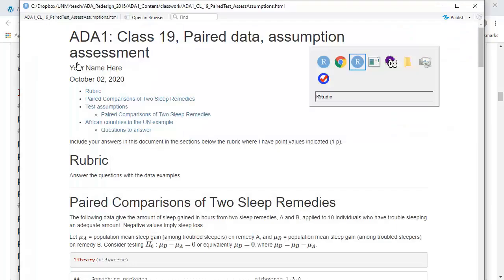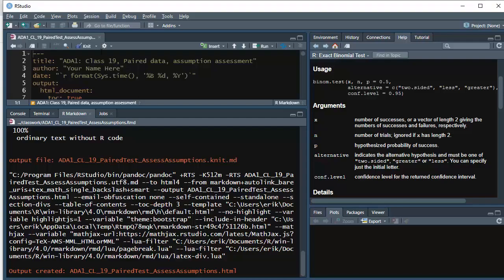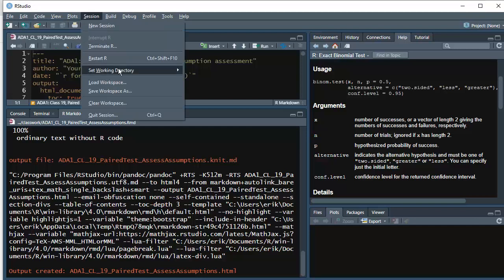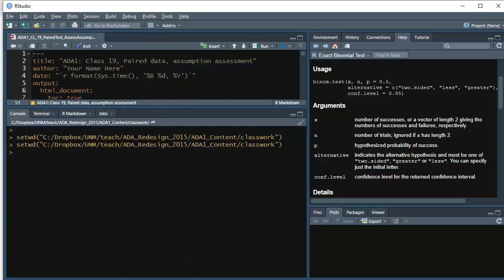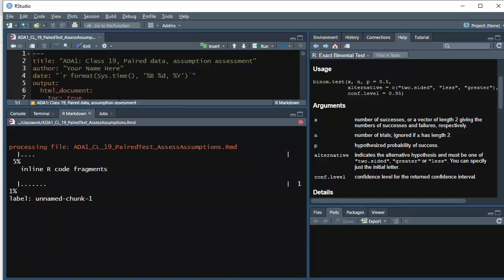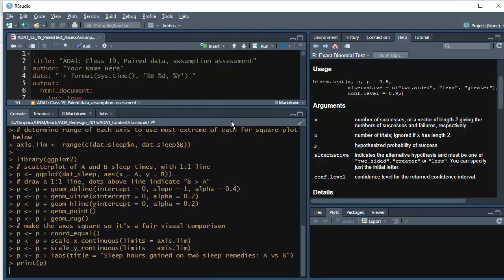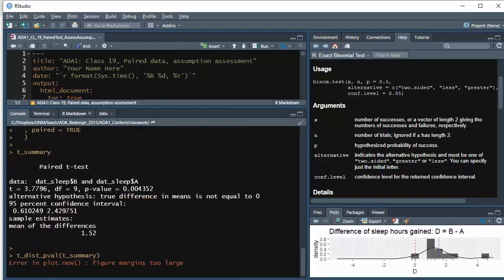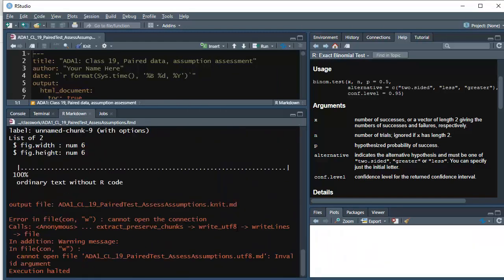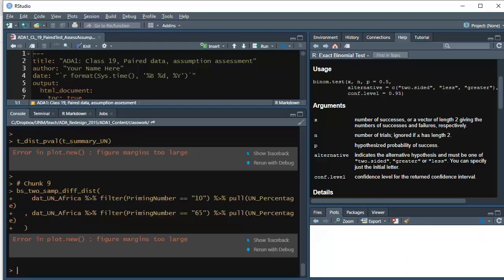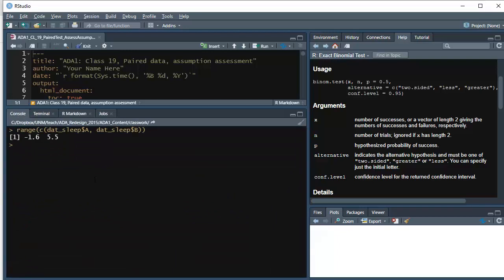And let me see if I come down here and I run all the code. Let's set the working directory to the source file and knit this. No, that's not what I meant to do. I meant to do run all. Okay, so there's the range.